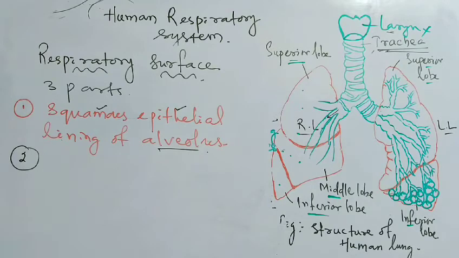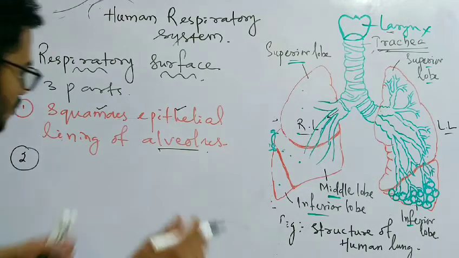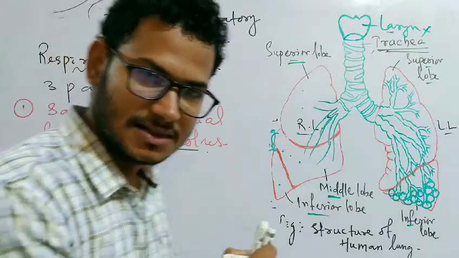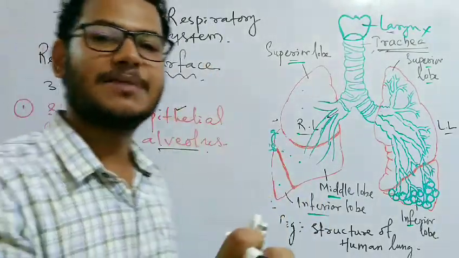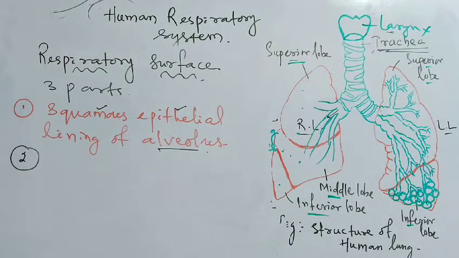Number two, the second one is the endothelial cell lining of the adjacent capillary. As I have told you, the alveolus is surrounded by blood capillaries, and the wall of the blood capillary and the wall of the alveoli are in close contact with one another.